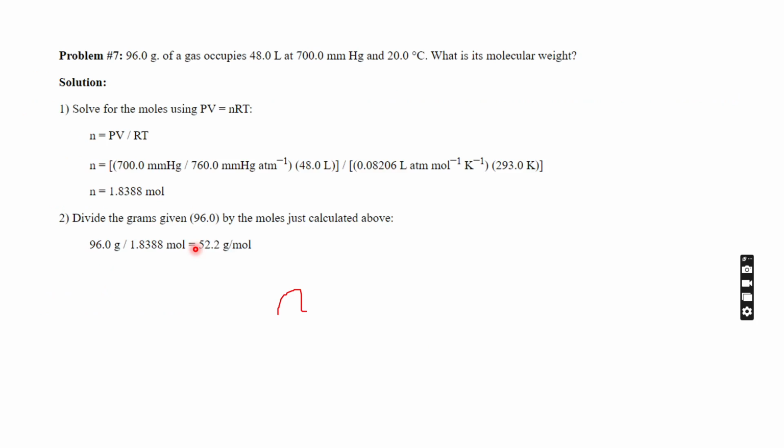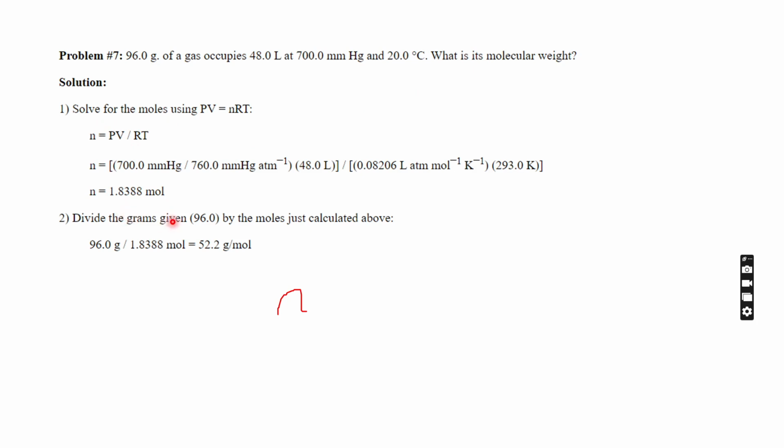Now we go to the other one. Problem 7: 96 gram of water occupies 48 liters at 700 millimeter mercury and 20 degrees Celsius. What is the molecular weight? So solving that, we have to find the number of moles first.